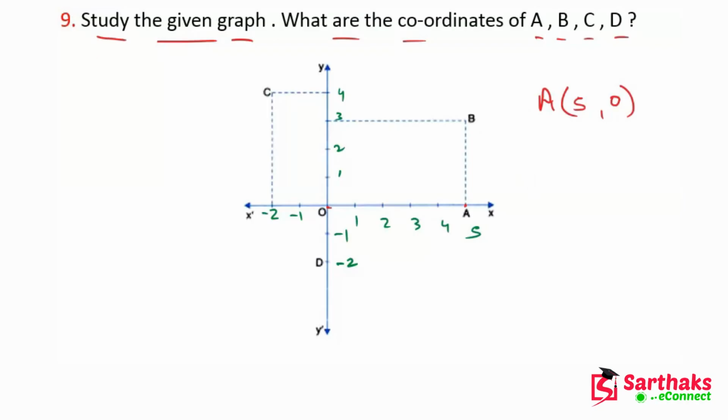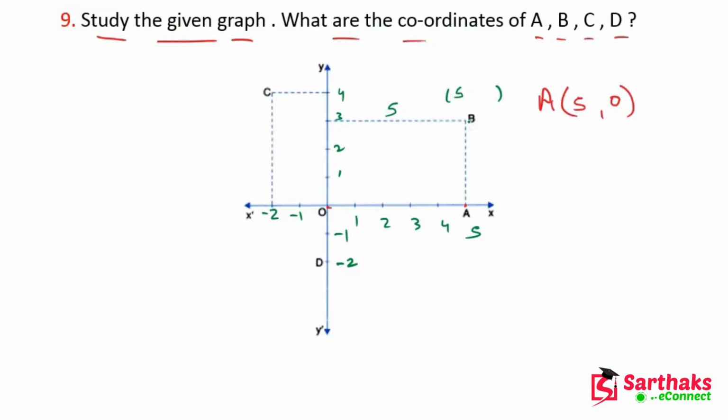Now let's find the coordinates of point B. The x coordinate is the distance from point B to the y-axis, which is 5.